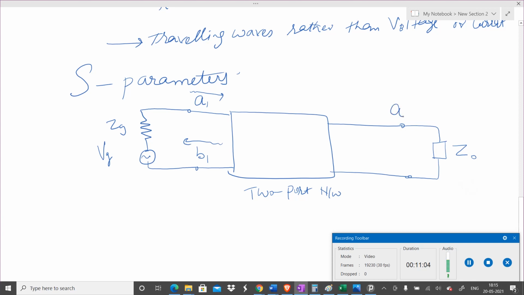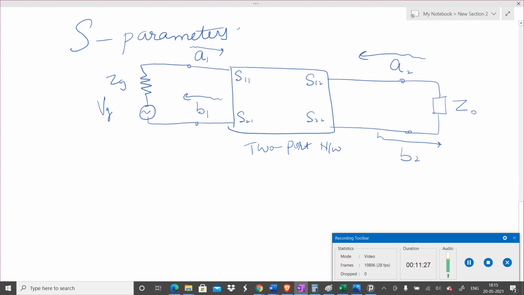Similarly here A2, the convention is to show this direction, and B2 is what is coming out of the circuit. And I represent here with S11, S12, S21, S22 as the S parameters, and here are the relationships.